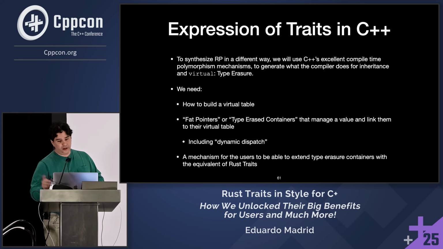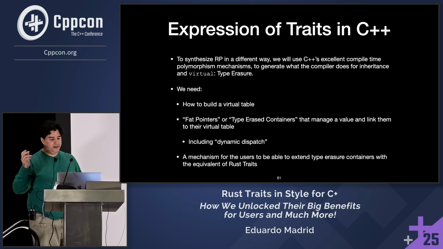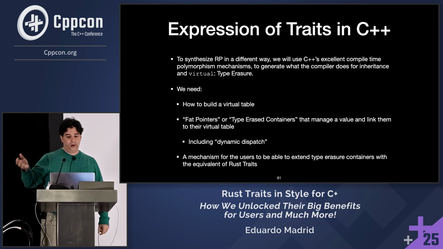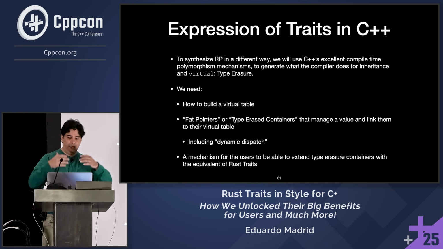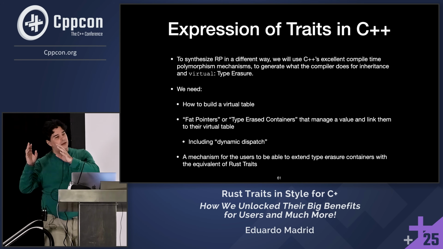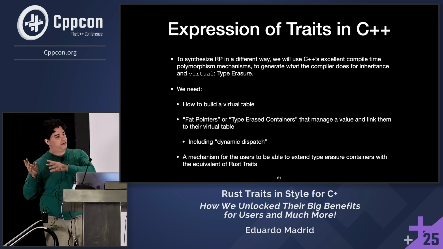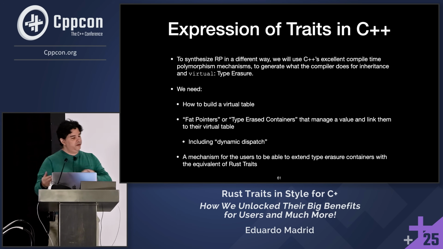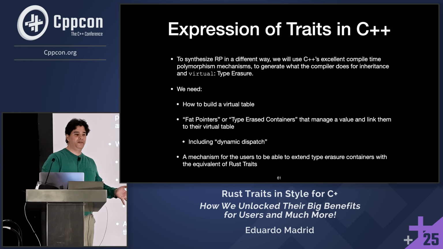Expression of traits in C++. To synthesize runtime polymorphism in a different way, the gist of what we're going to be doing is to use the excellent compile time polymorphism capabilities of C++ to synthesize runtime polymorphism capabilities.